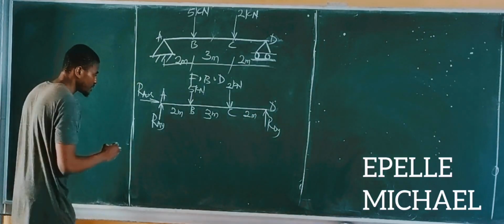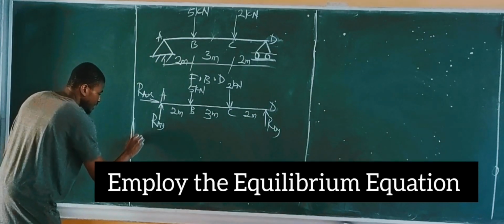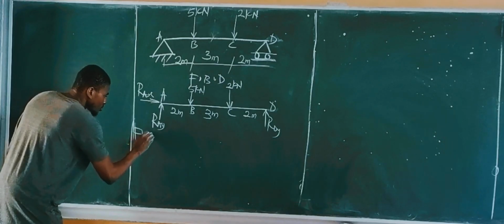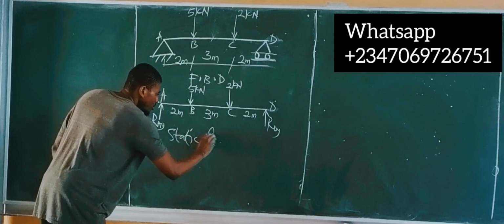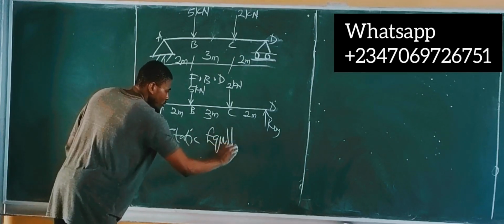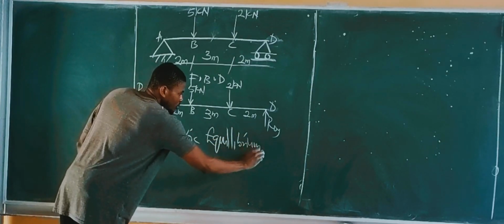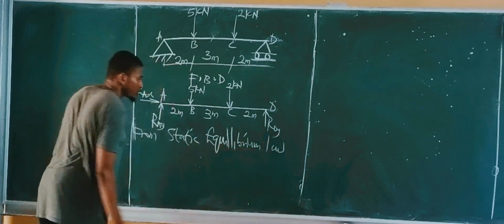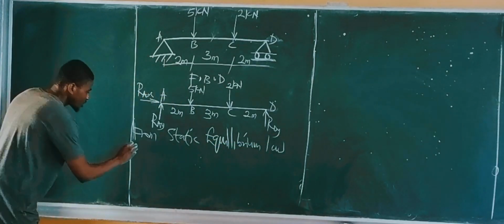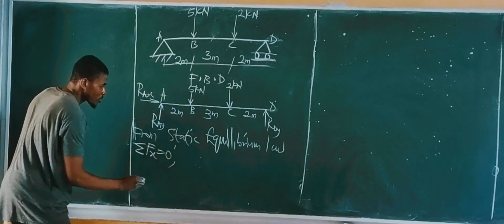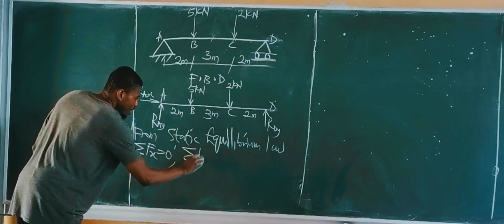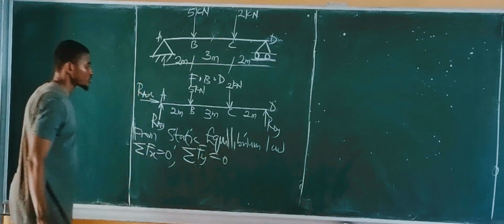The first thing is employing the static equilibrium equations. From the static equilibrium law, we have summation of Fx equals 0, and summation of Fy equals 0.